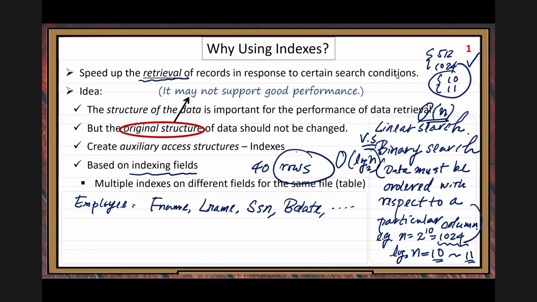Only 40. Why don't we worry about searching a table with 40 rows? Because all the 40 rows are loaded into the main memory. Then the linear search inside the main memory is very fast. So we don't worry. We don't need an index.